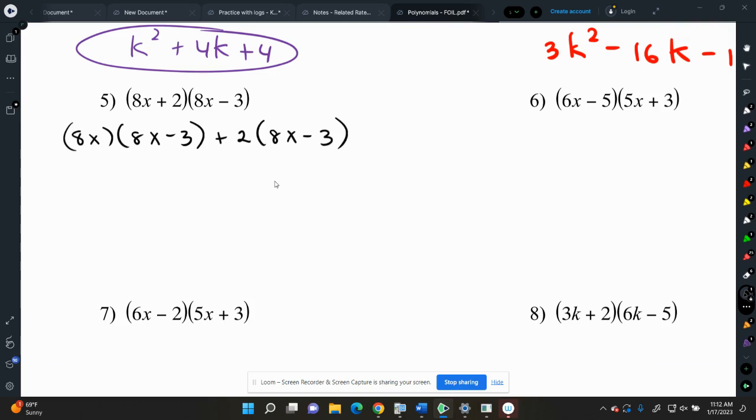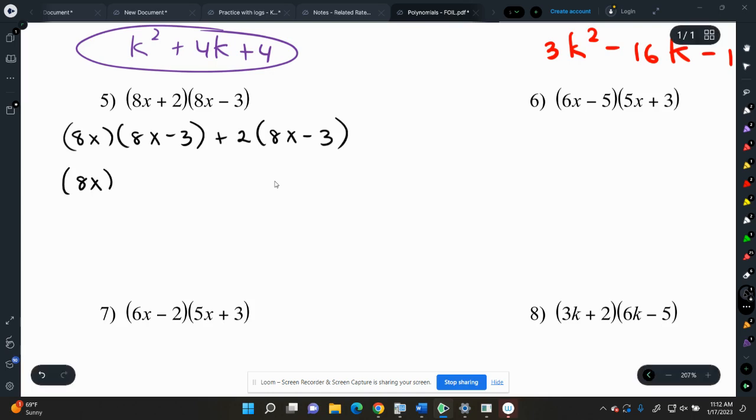The only reason that we teach you the FOIL method is to help you remember to distribute everything. I want you to be familiar with that term FOIL because you'll see it and you need to know what it is. Once you know what it is, this is the same thing. You're just doing an extra step in between.